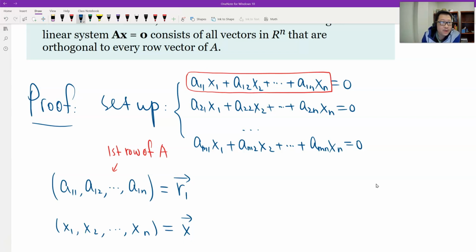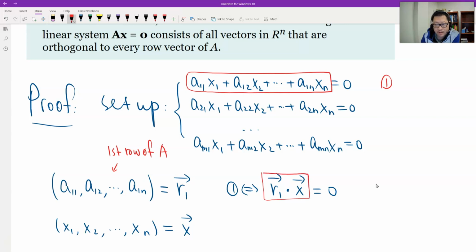So equation 1 is just equivalent to the dot product of the R1 vector and the unknown vector equals 0. Yes, definitely. This is the dot product.